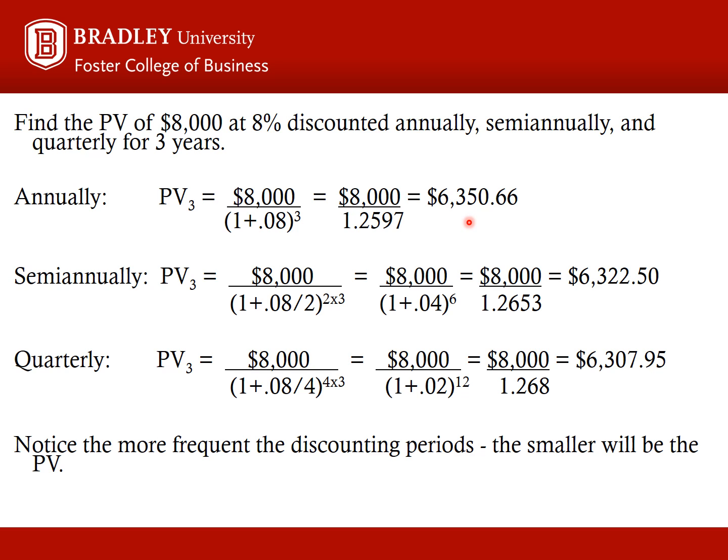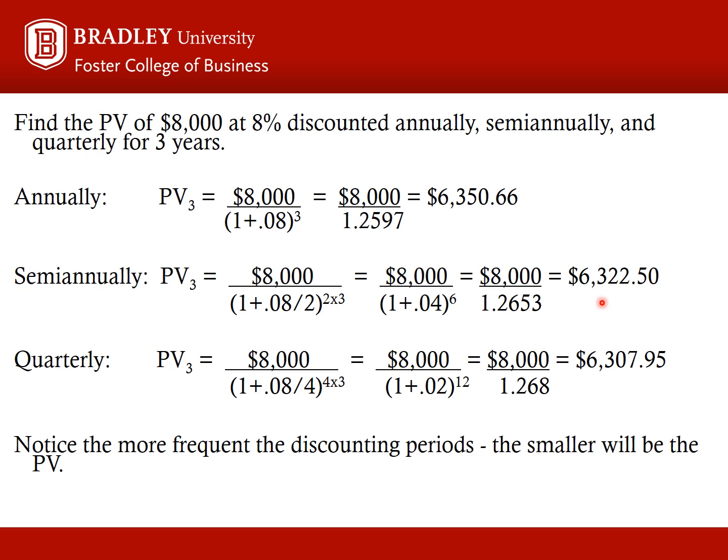Okay, what about semi-annual interest? Well, this is where m comes in, so we make our m adjustment. We have 2 of them. We've got to take the annual interest rate and divide by m and the number of years and multiply by m to get the number of 6-month periods. So now we're working with a semi-annual rate of 4% for 6 6-month periods, and we get a present value of $6,322.50.